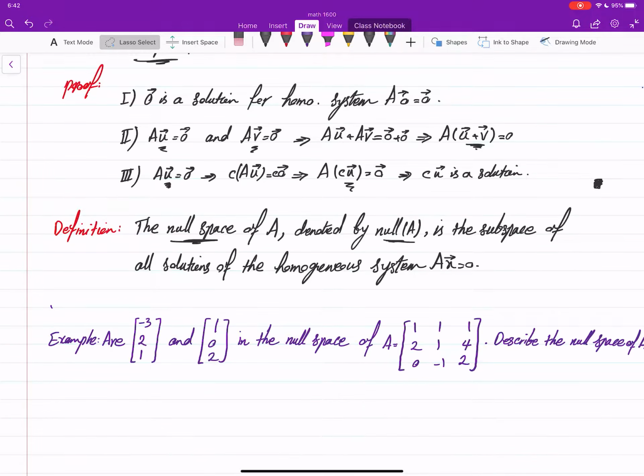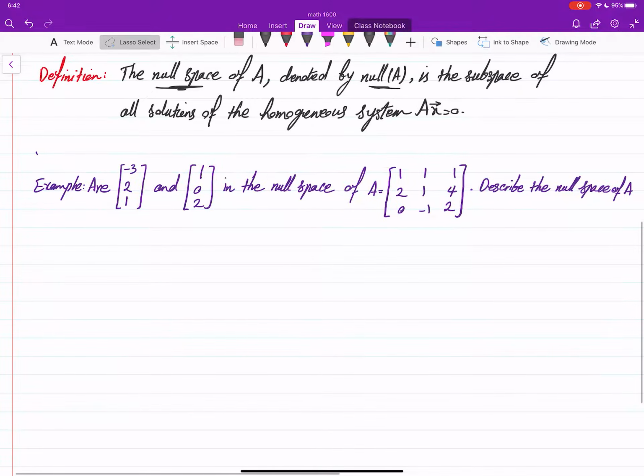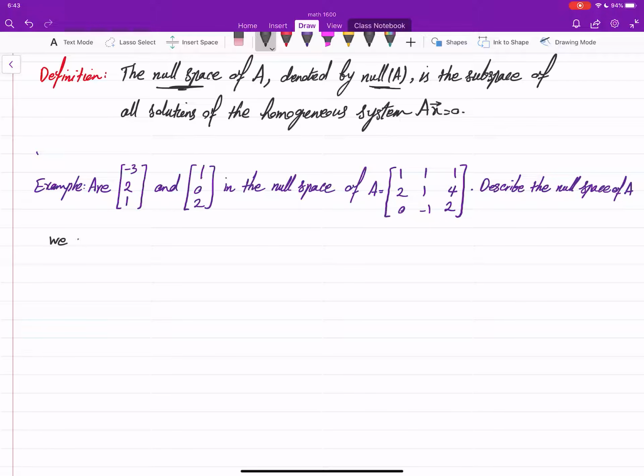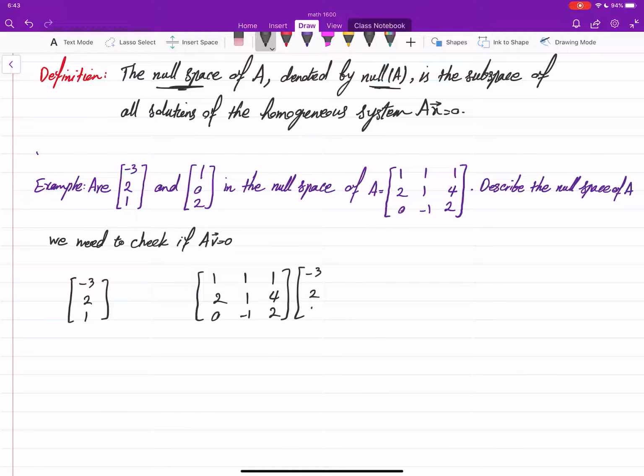So I have two vectors. I want to see if these vectors are in the null space of A. Checking if something is in the null space means that we need to check whether Av, or Ax, is equal to 0 or not. For the vector (-3, 2, 1), we multiply the matrix with rows (1, 1, 1), (2, 1, 4), (0, -1, 2) by it.